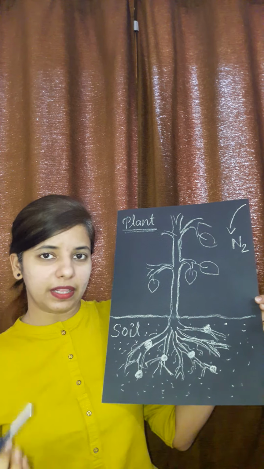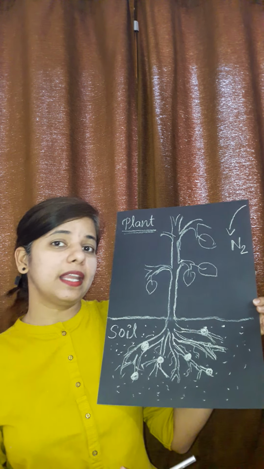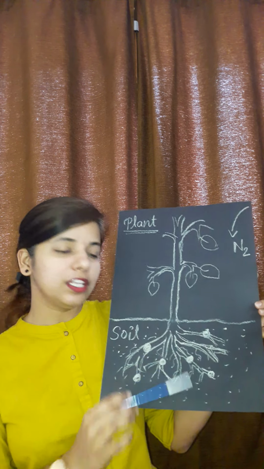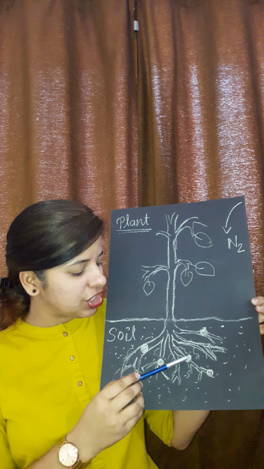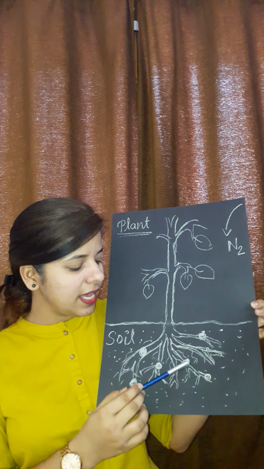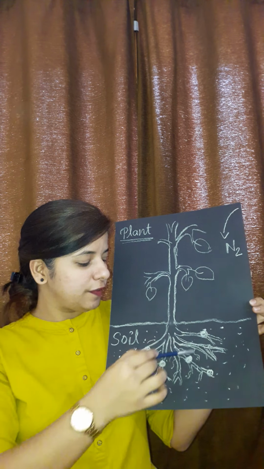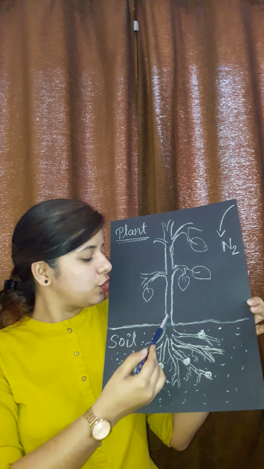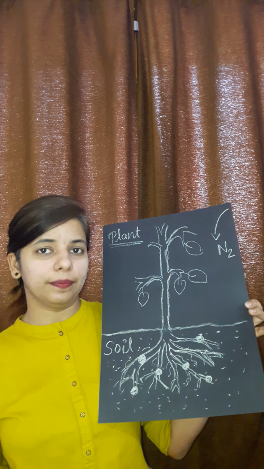Mutual relationship in the sense that this bacteria is not getting any harm and this plant is also not getting any harm. The plant is giving shelter to this bacteria, and in return, the bacteria is giving some useful components from the atmospheric nitrogen for the plant to absorb, and the plant converts them into protein.